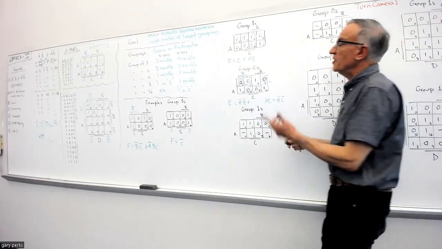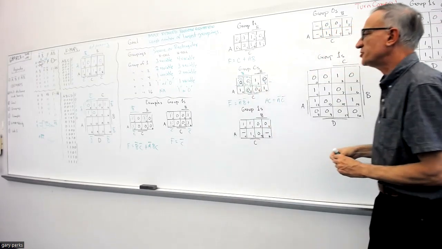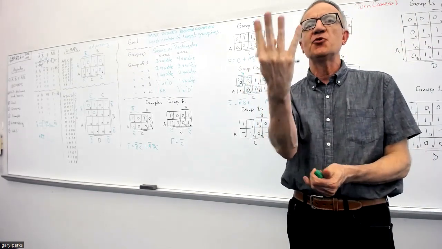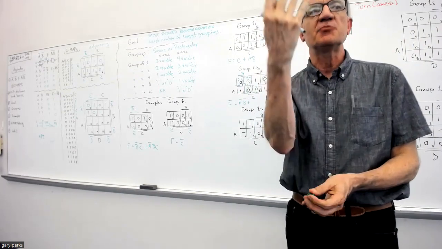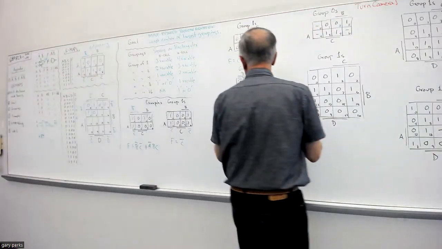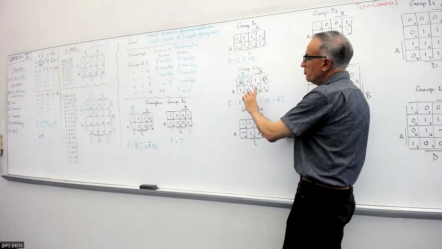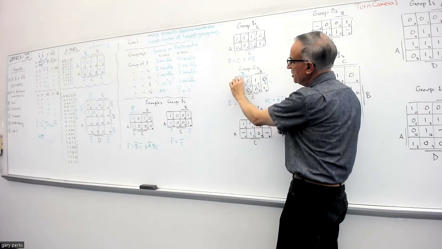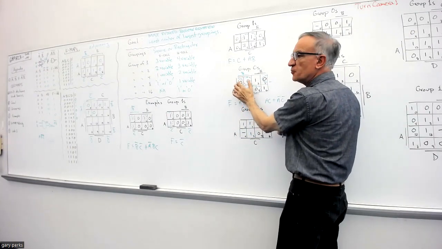Now, this problem also brings up another point, which is that sometimes you'll have a K-map that gives you more than one correct solution, more than one most reduced equation. This would be one answer, but I could have the 1 and the 5, but not the 0 and 1.